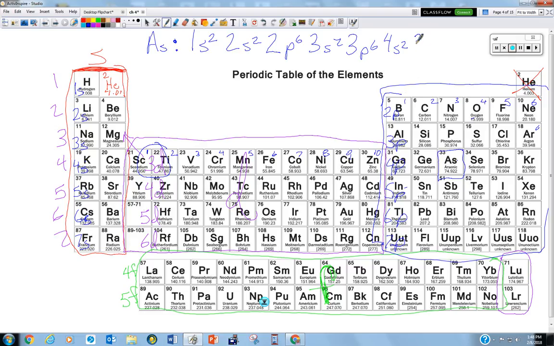So next thing I'm going to write is 3d10. Then I'm going to go ahead and go into, now we're into 4p. And how many spaces are we into p? 1, 2, 3. So it is 4p3.